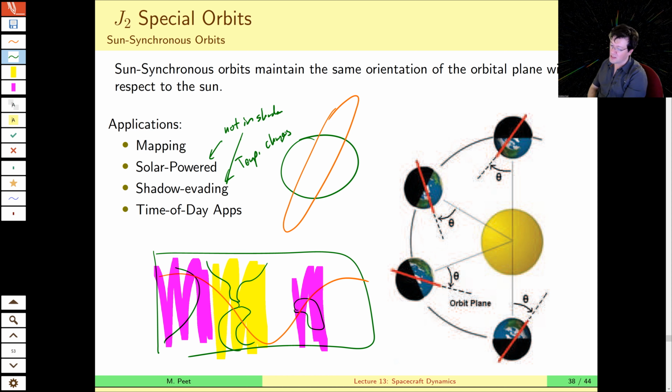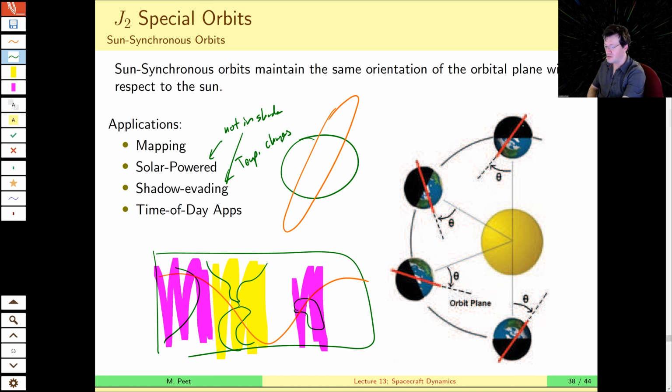Anyway, the problem is, of course, you design your orbit here. It's in the sun all the time. The problem is that the sun moves. Well, of course, the sun doesn't really move, but the sun moves with respect to the position of the Earth.